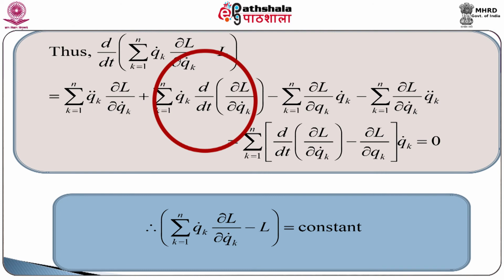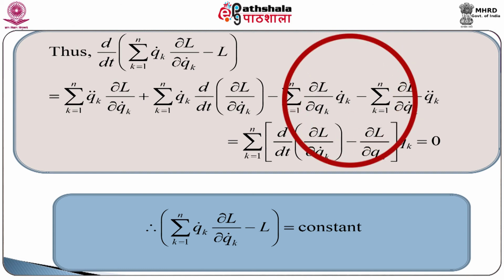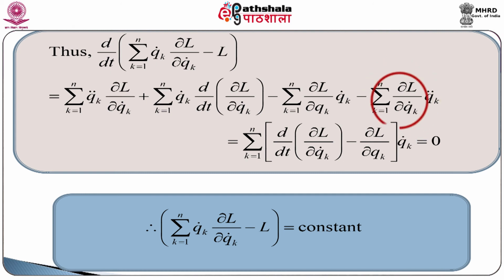These two terms come from this one after taking the time derivative, and dL/dt gives these two terms. This term, that is the last term and the first term, cancel each other.